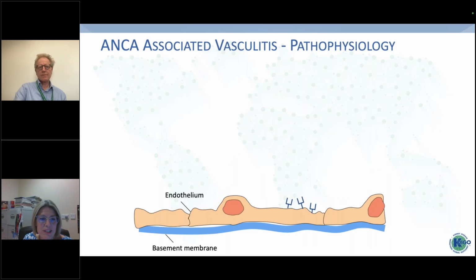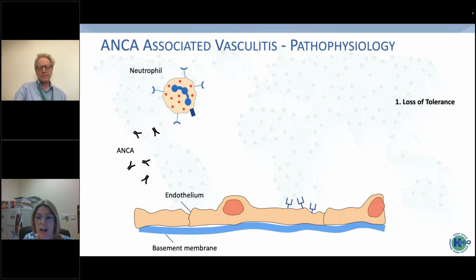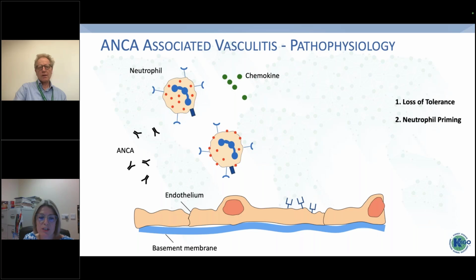The current hypothesis is that the pathophysiology has the neutrophil in the center of the whole disease. Due to loss of tolerance, you have the buildup of anti-neutrophil cytoplasmic antibodies. Then, due to priming of the neutrophil, it translocates the cytoplasmic antigens, myeloperoxidase and proteinase 3, to the surface and makes them accessible for the ANCA to bind and activate the neutrophil.